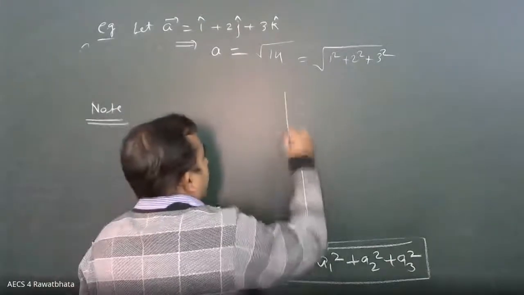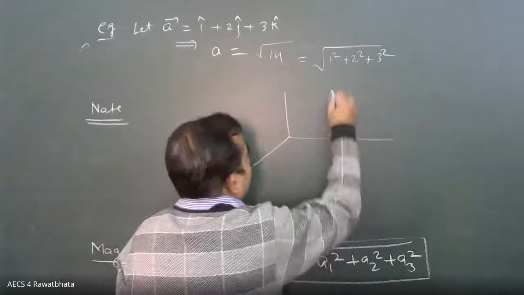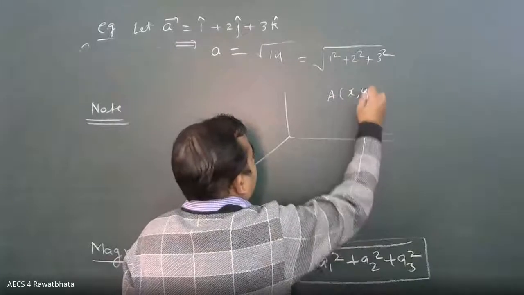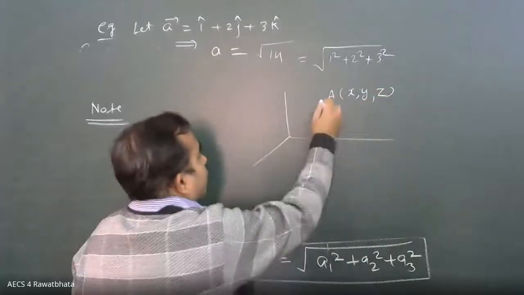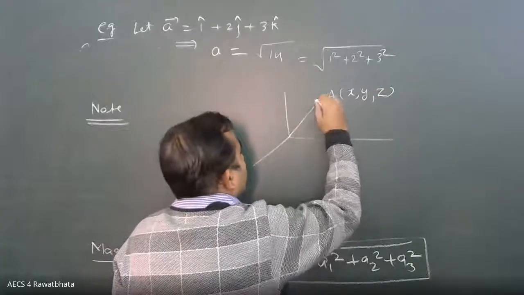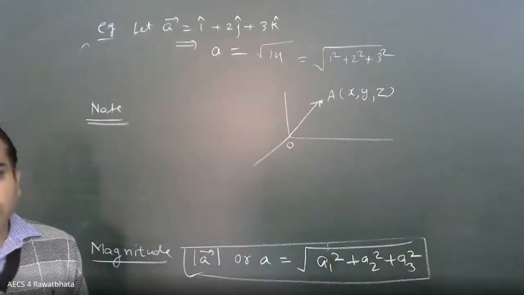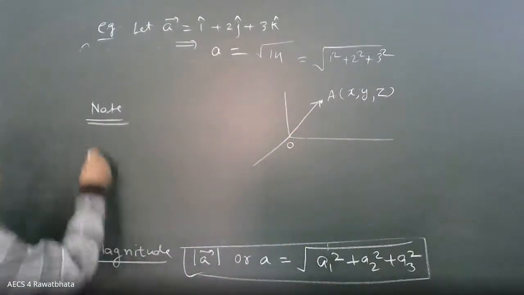One more very small thing to understand. Suppose there is a point, capital A, and its coordinates are x, y, and z. You want to write the OA vector. Then there is a name for the OA vector.